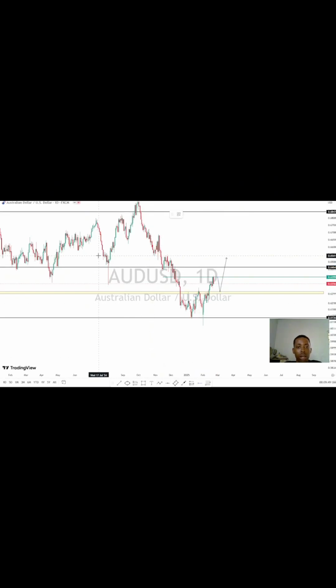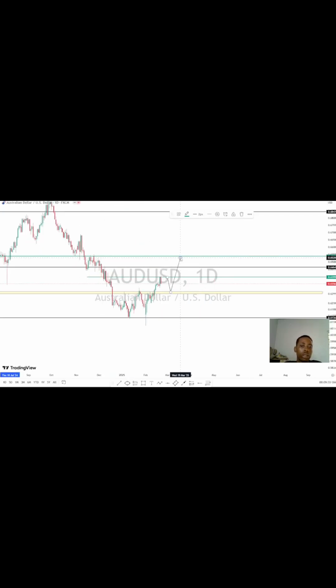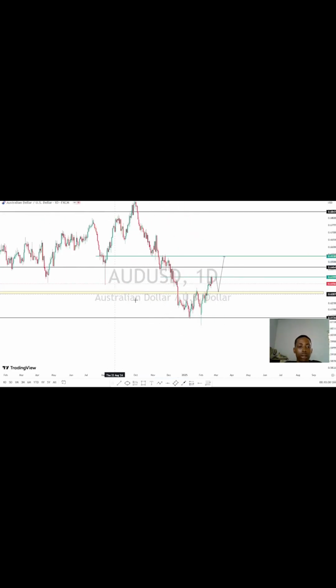The next high it created and pushed all the way down there. So I'll be waiting for AUD USD to bounce to this neckline before I start taking my buys up in the market.